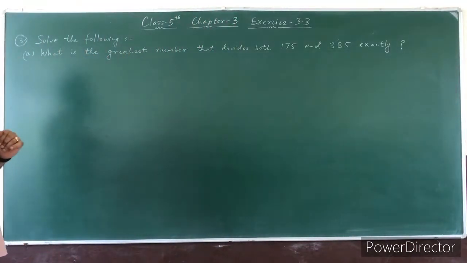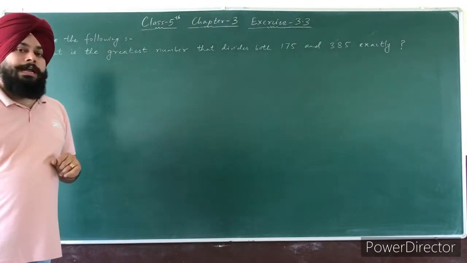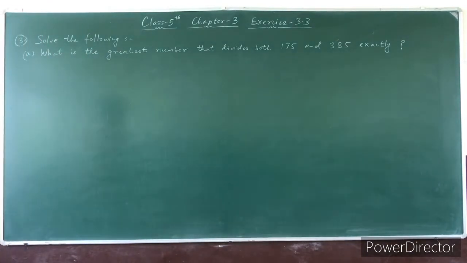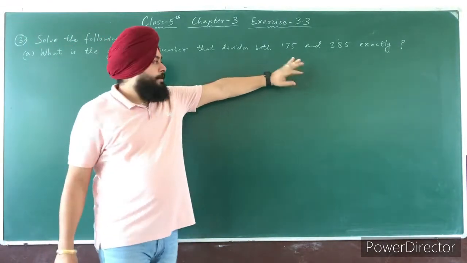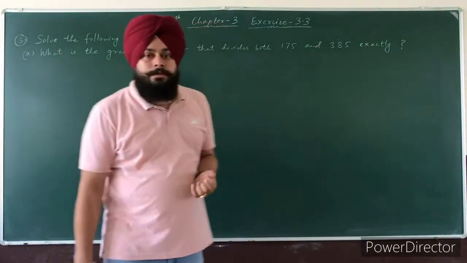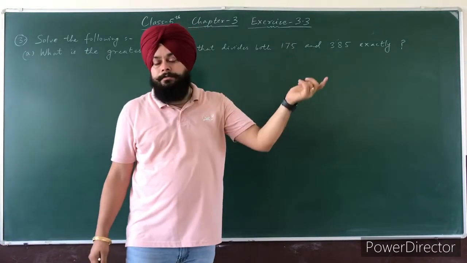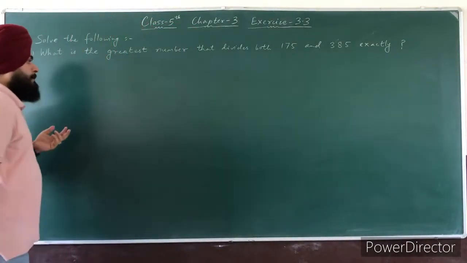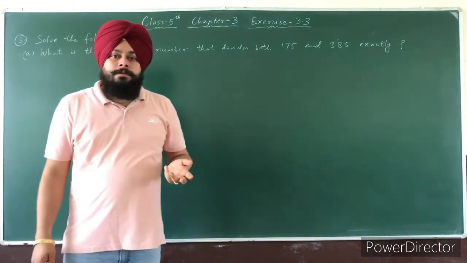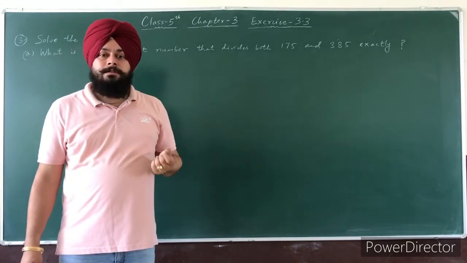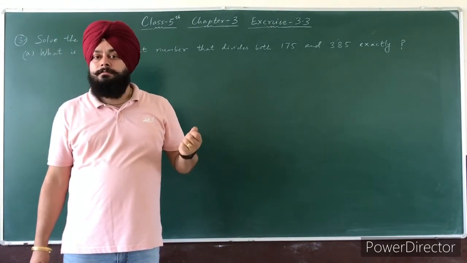So we have to find the HCF of 175 and 385. So the two numbers are 175 and 385. So we have to divide this 385 by 175. So there are two methods to find the HCF. First one is the prime factorization method and the second one is the long division method.